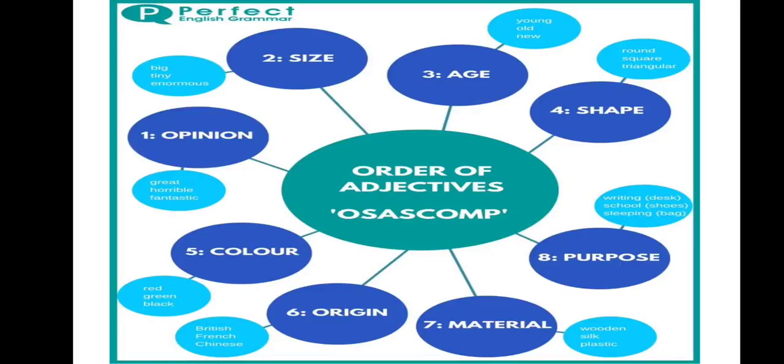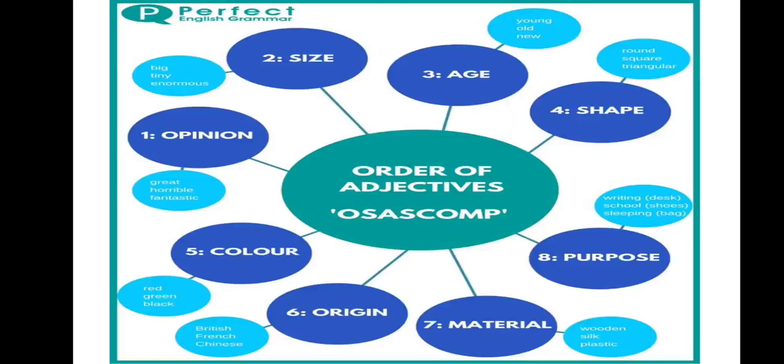Next we come to the order of adjectives. We have a certain order. Suppose you have just one single word as a noun or a subject, but you have a lot of words to describe it. So you have a pattern of using those words.